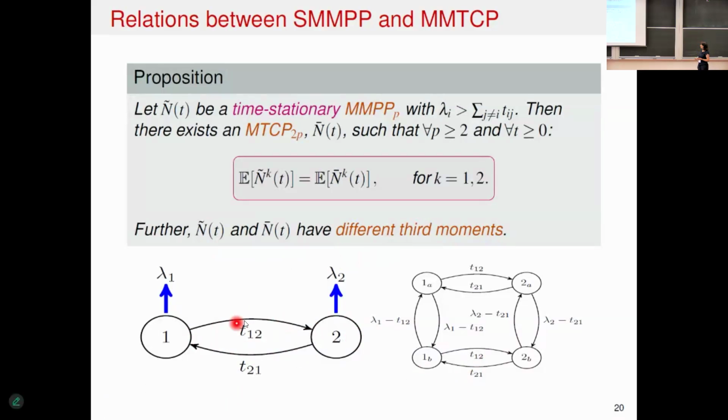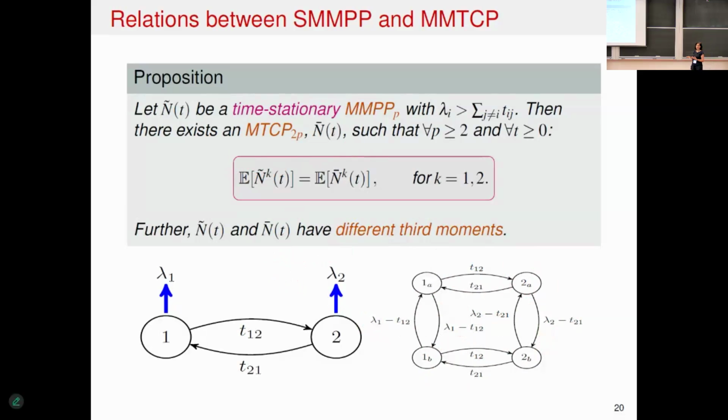I couple it like this to make a MAP with the same order and the same factorial moments, and then I compare this one with the MTCP2P. So I show that the first and second moments of this MAP are the same as the first and second moments of this MTCP2P.